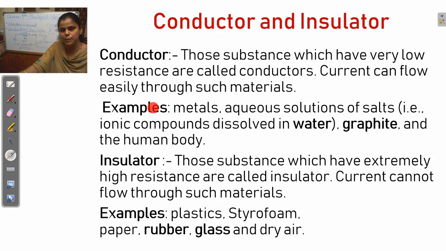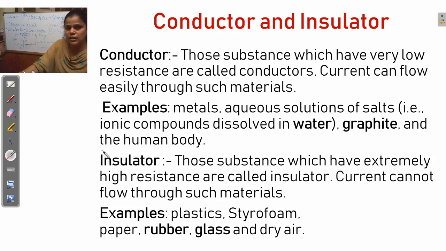Let's see some examples. For example, metals, aqueous solution of salt, graphite and the human body, etc. Then insulator means high resistance, that resists the flow of current and controls the flow of current throughout the circuit.